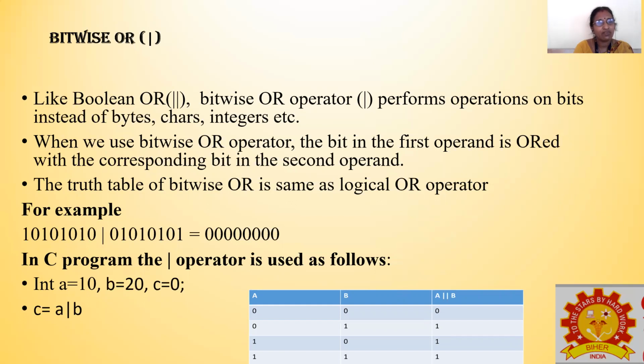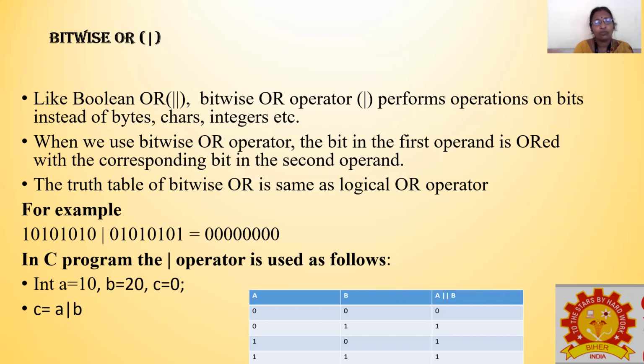Now apply bitwise OR. On the right-hand side, the first integer has 0 and the second integer has 1. Apply bitwise OR and you get 1. Apply bitwise OR with each and every respective bit and you will get the answer.